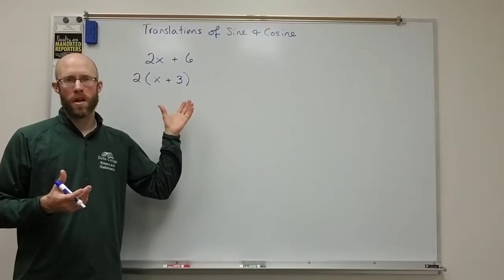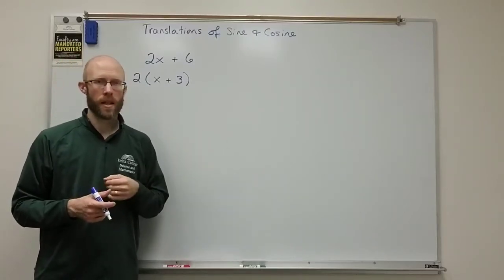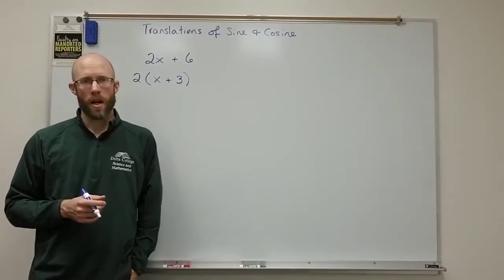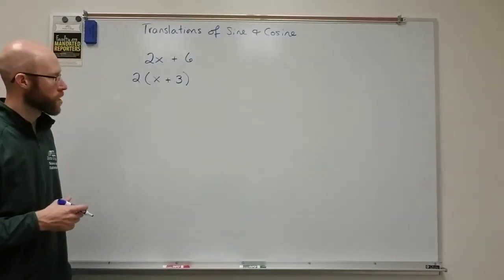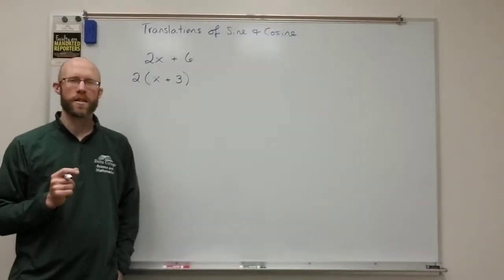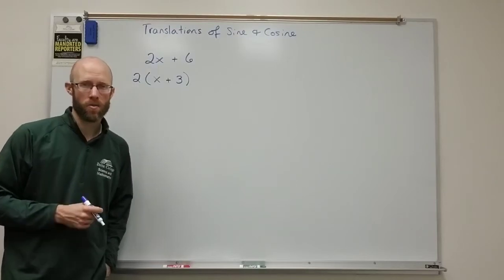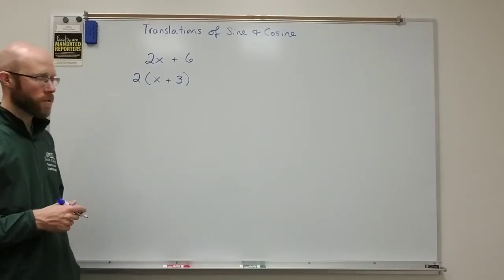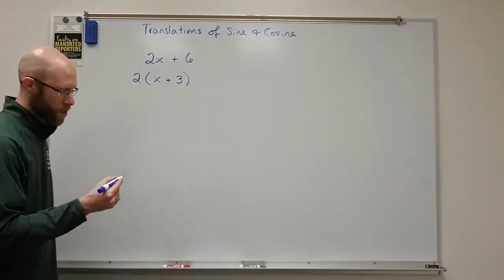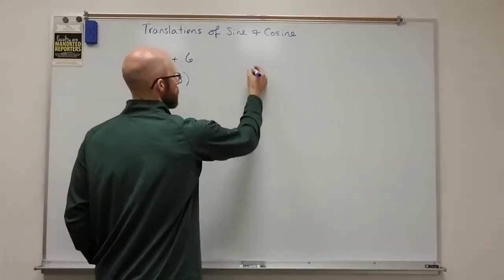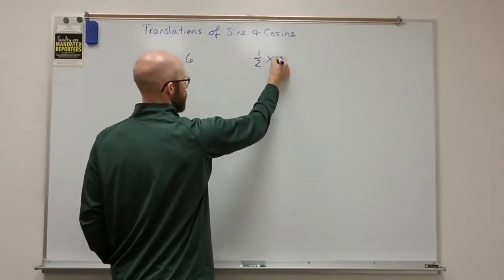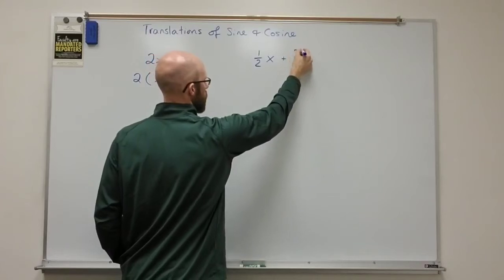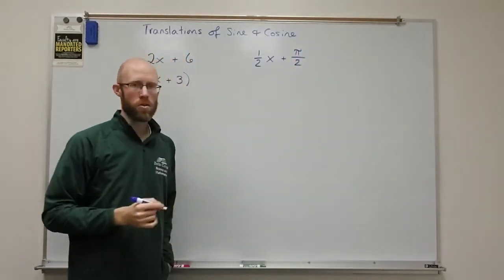But for right now, I just want you guys to focus on the skill of factoring. Now, this was kind of a basic one. And they get a little bit more complicated, because we're going to see some things that aren't quite as obvious that there's a common factor involved. Give you an example, something like 1/2 x plus pi over 2.